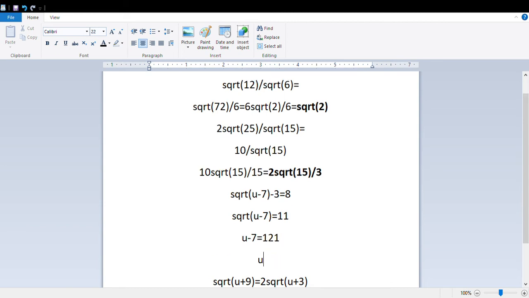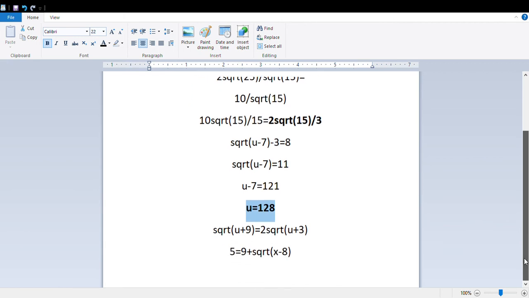So u is equal to 121 plus 7, which is 128. Alright, good work. And obviously guys, when you square something, it's not going to be positive or negative, it's just going to be positive, because anything squared is always going to be positive. Alright, so now that we've gotten that out of the way, let's go do a few more questions.